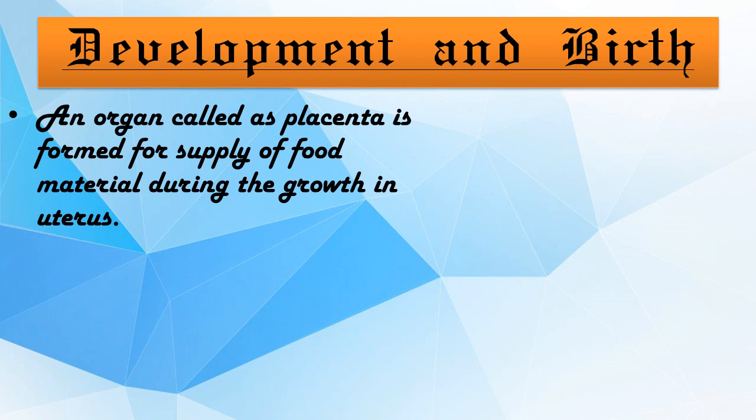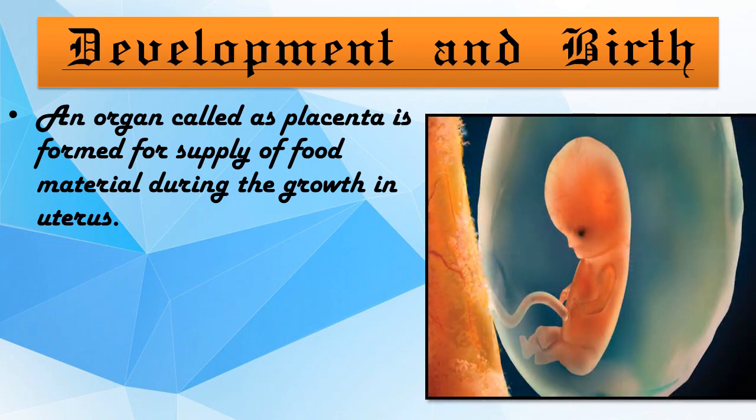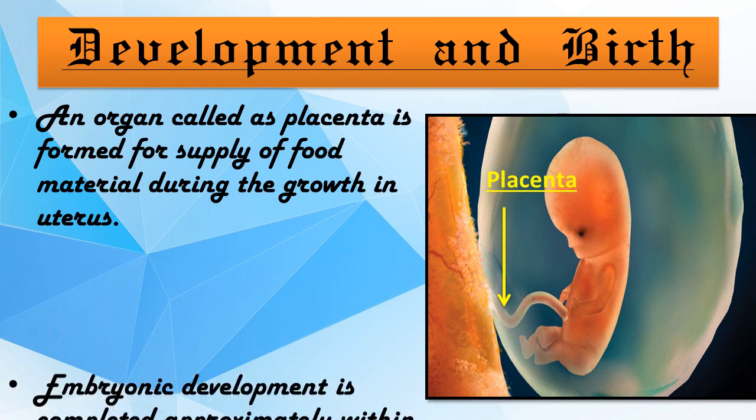An organ called the placenta is formed for the supply of food material during the growth in the uterus. So while the embryo is growing, the placenta develops for the supply of food material during the growth in the uterus. This placenta supplies food material to the developing baby or embryo.